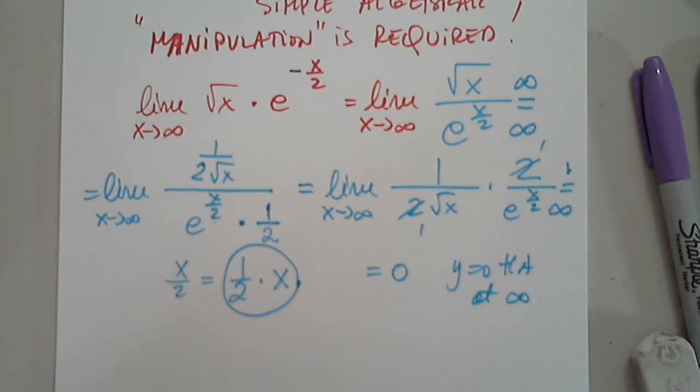The product is quite nice, as long as I find a manipulation, or just rearrange the function. Rearrange the function, not change the function, just rearrange it, not a problem. The most difficult ones are the powers. I wouldn't say difficult, but cumbersome. They require a lot of work. Okay.